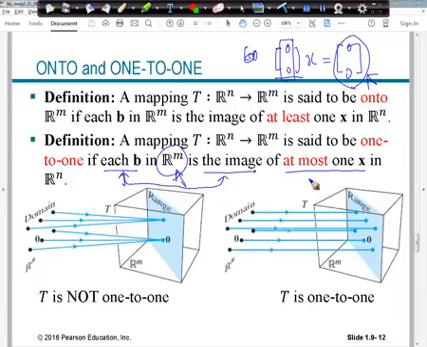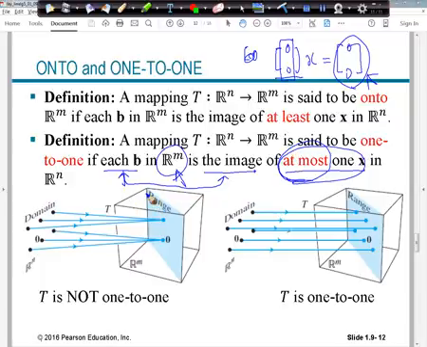It means that among our codomain, some entries get hit by only one x, and some other entries get no hit. That's the meaning of this "at most."